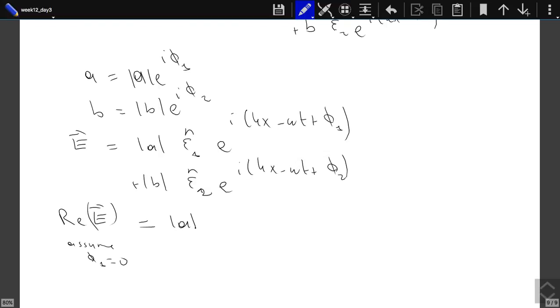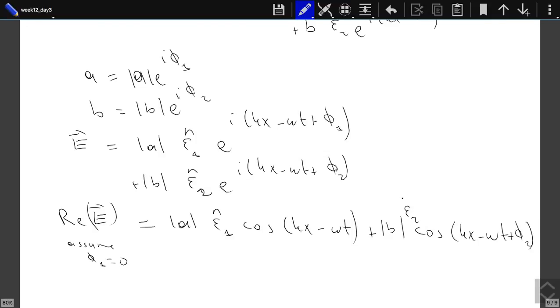So this will be magnitude of A times epsilon 1 times cosine(kx minus omega t), plus magnitude of B times cosine(kx minus omega t plus phi 2) in the epsilon 2 direction.